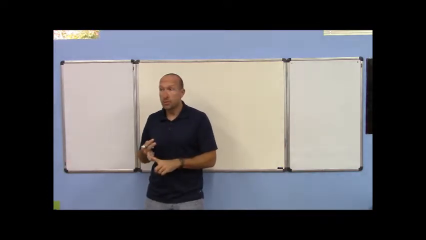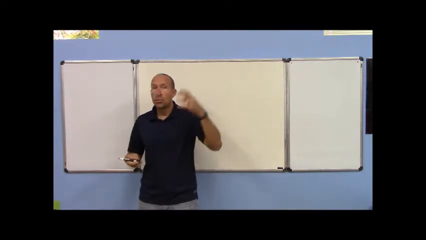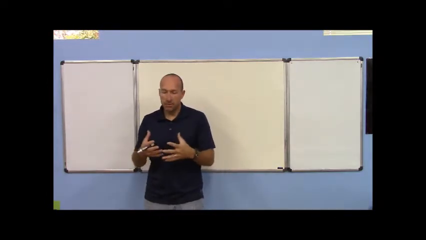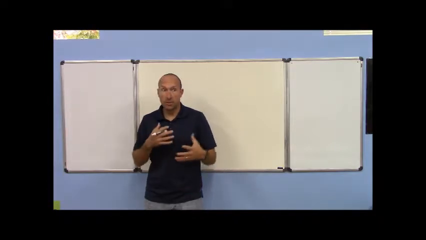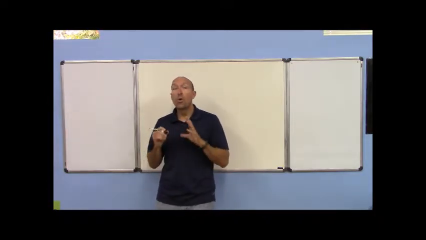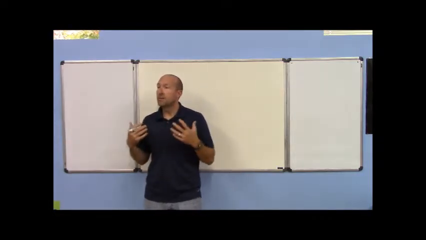Should I use substitution? Should I use adding, or should I use some other method? Looking at it, you'll be able to see, you know what? I think adding is going to be easier for me, and so I'm going to use adding on this one. The whole idea behind understanding different methods is to make life easier on you.